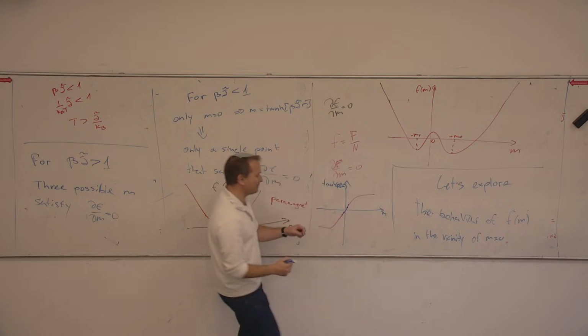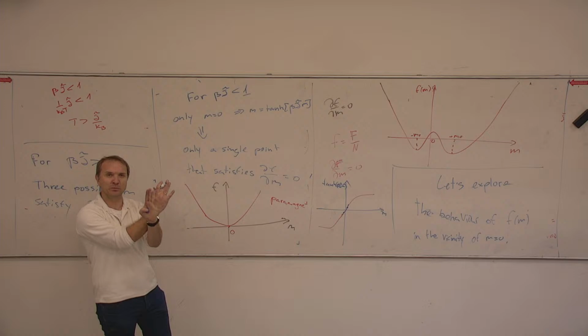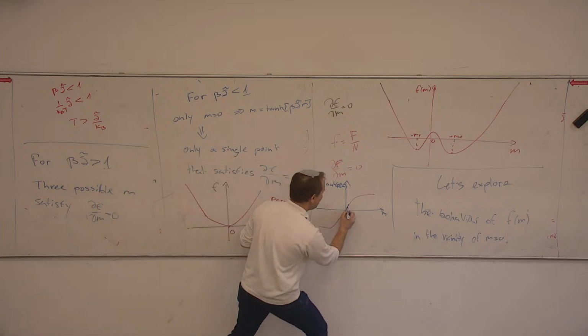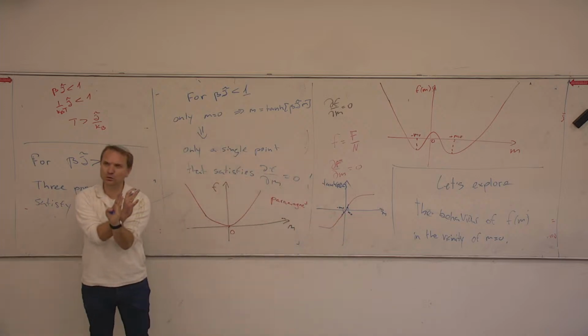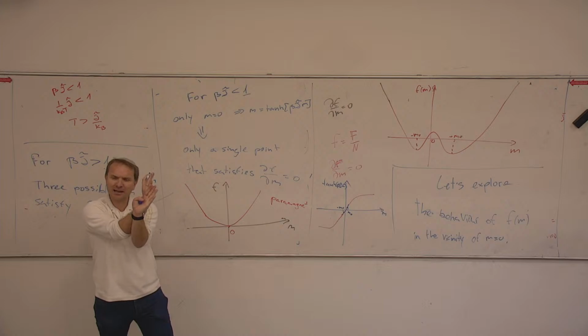What I'm saying is, when the slopes are close to 1, also the M0 and minus M0 are going to be close to 0. When the slopes are exactly the same, there is only one crossing point, which is 0.